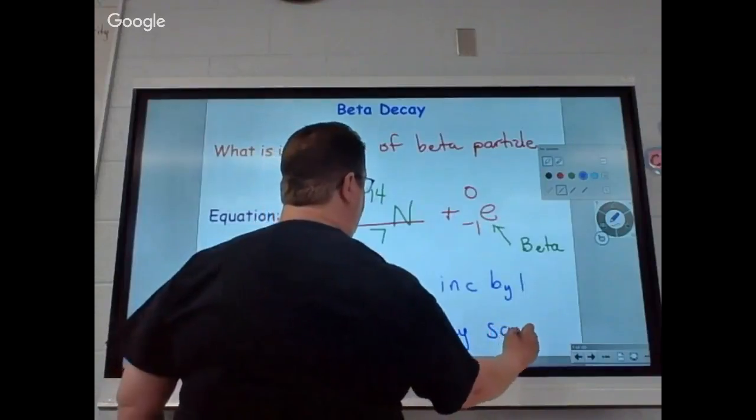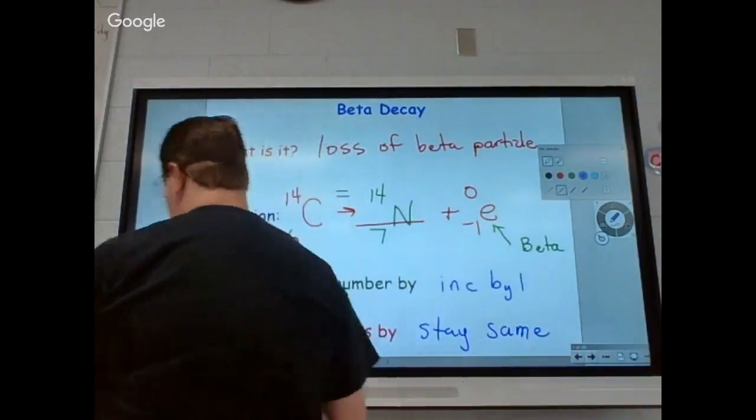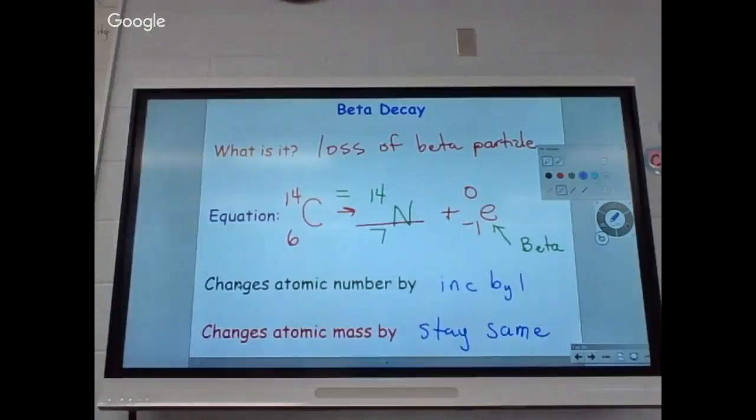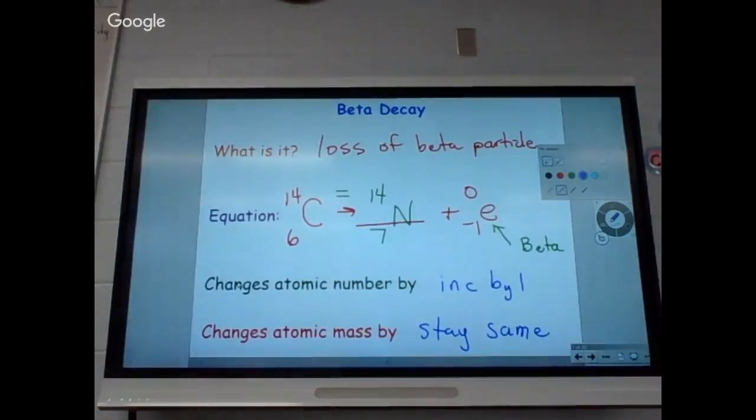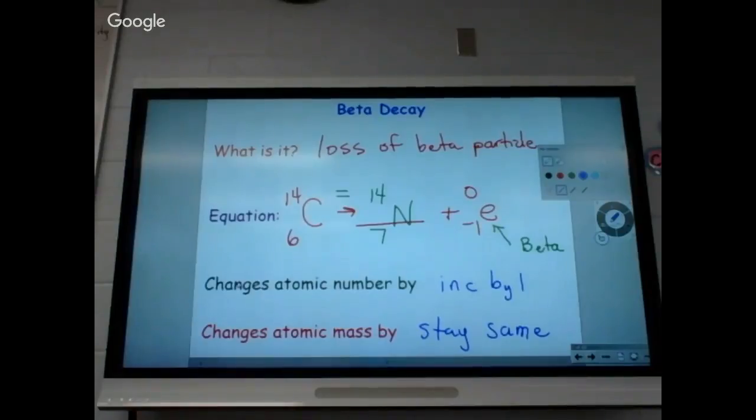So alpha decreased on both, and beta increased and stayed the same. So for the most part, if you can remember that alpha decreased on both of them, and beta's the one that's oddball, you can probably guess pretty well on the test. Yes, sir. Atomic number, yes. The 7.